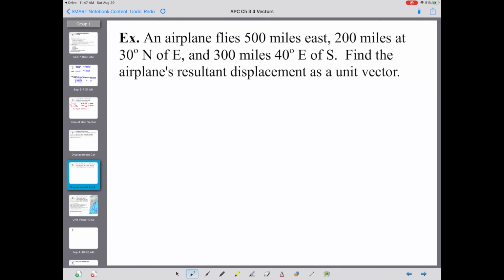If we initially represent the vectors, 3 different displacements, 500 miles east, 200 miles at 30 degrees north of east, and then 300 miles 40 degrees east of south. Now east of south, we have to go to south, and then from south rotate 30 degrees east from there. So those are our three vectors.